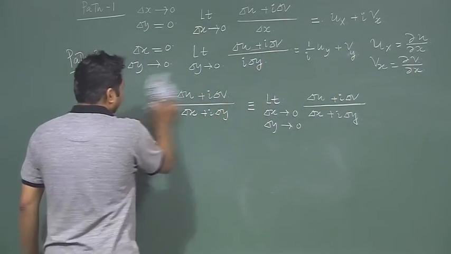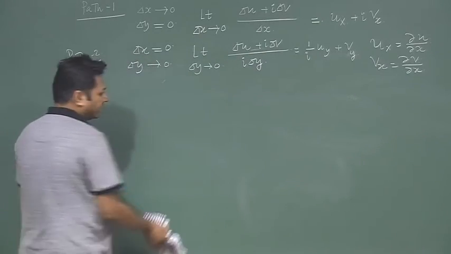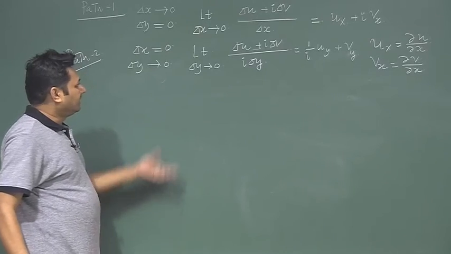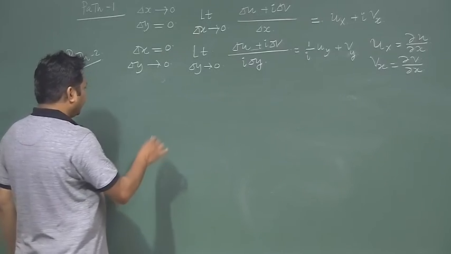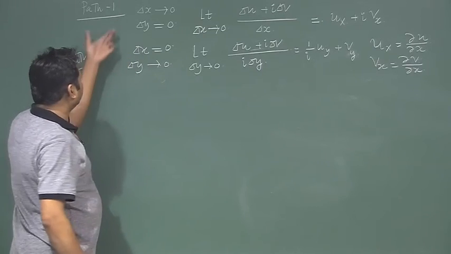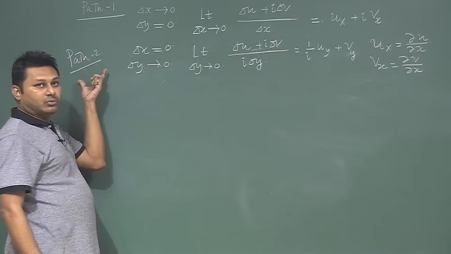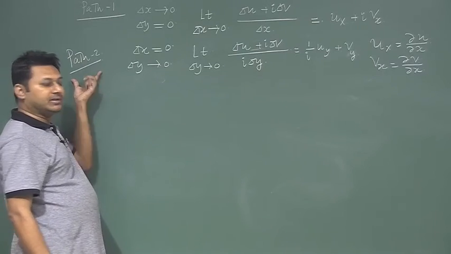Now, if this is path 1, and the derivative exists, then the value from path 1 and the end result from path 2 should be the same. In principle it should hold for all paths, but because I am taking two paths, the two fundamental ones, let us find out what the condition is.